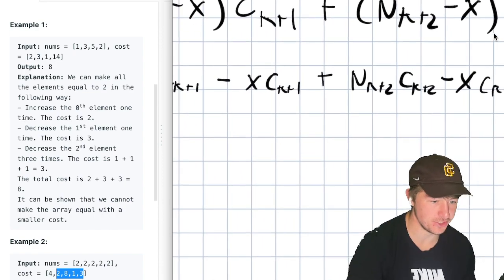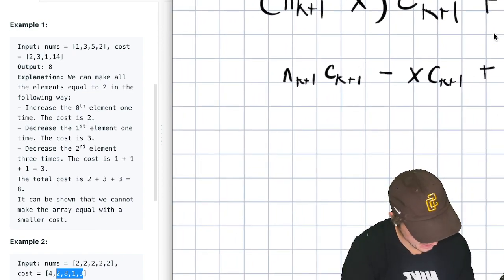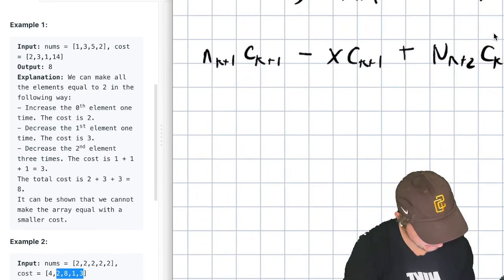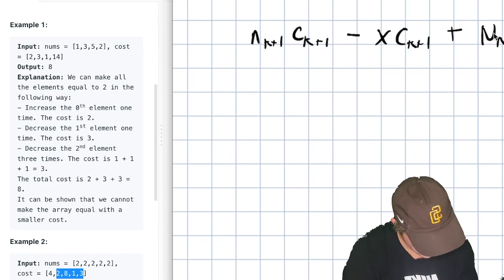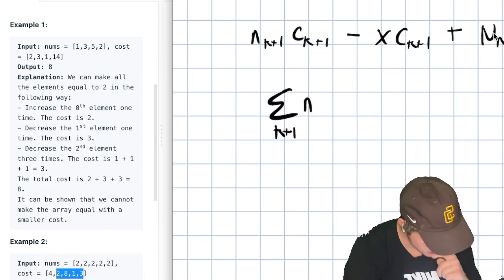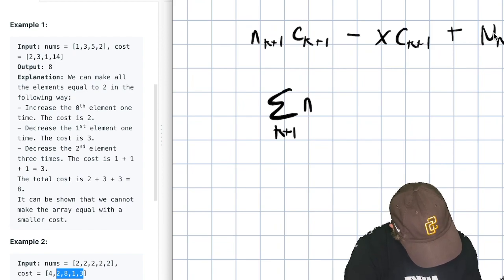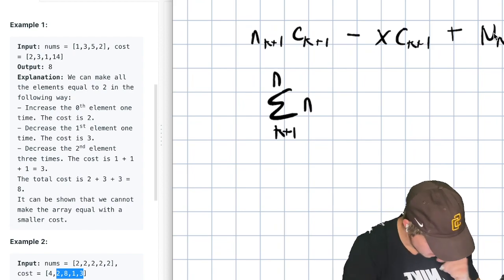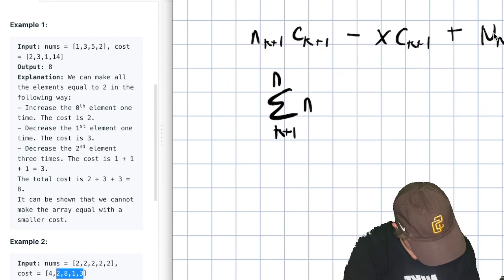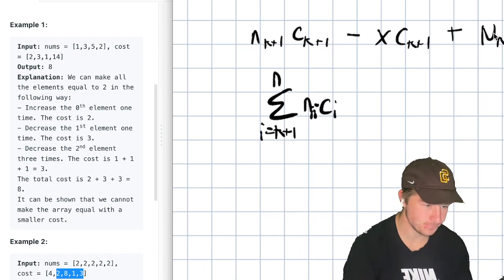Okay, so I distributed terms here. Now, what I can do is combine. Again, I have this weird sum where n goes from k plus 1 to n, of n to the i, c to the i.